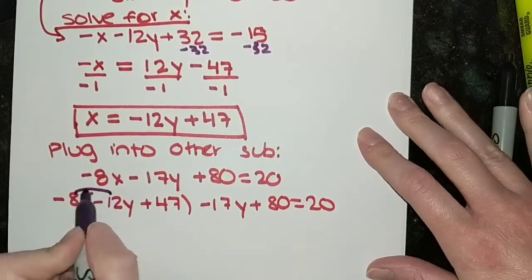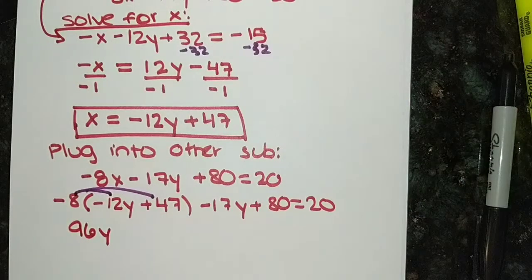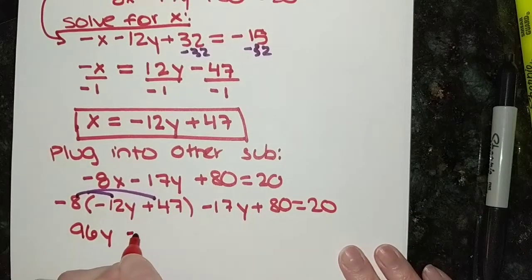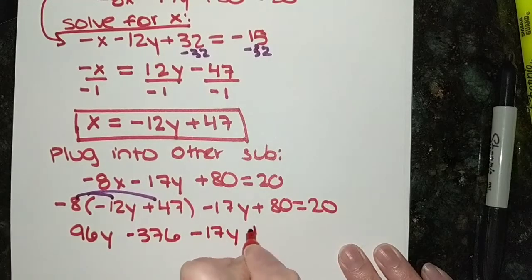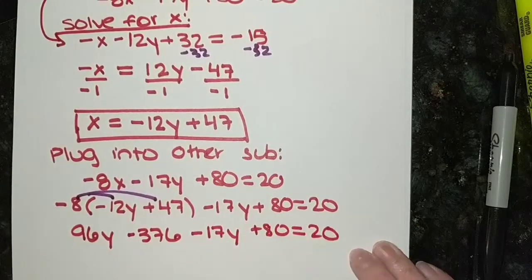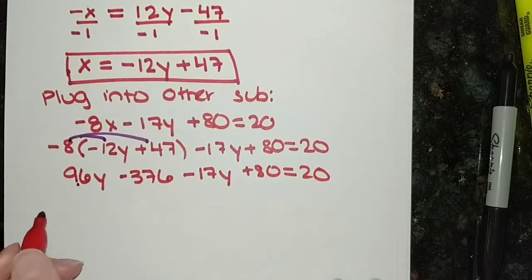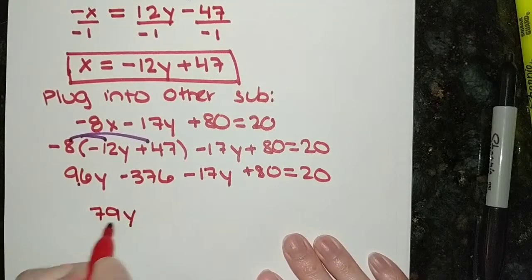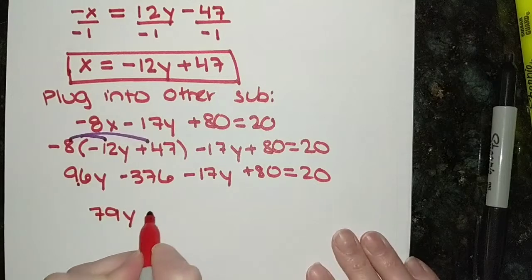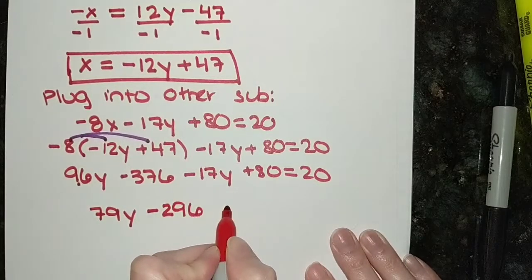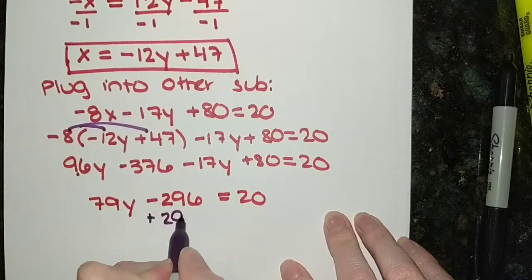So then we could distribute, and you would get 96y, and then the 47 times 8 would give you negative 376, minus 17y plus 80 is equal to 20. The 96y minus the 17y gives you 79y, and the negative 376 plus 80 gives you negative 296 equals 20. And then you could add 296 to both sides.